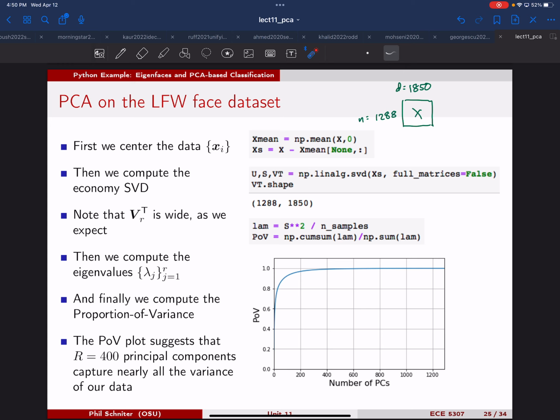Now we give that to our linear algebra SVD command, and here we tell it full matrices equals false, which means economy, and it returns for us a U, S, and V transpose. MATLAB is a little different. It's USV, NumPy gives USV transpose. When we look at the shape of V transpose, it should match the shape of this. So here we see it is 1288 by 1850. So it's giving us the shape we expect.